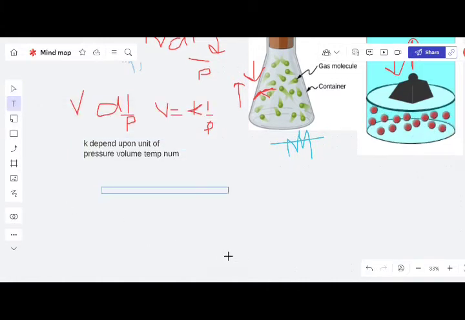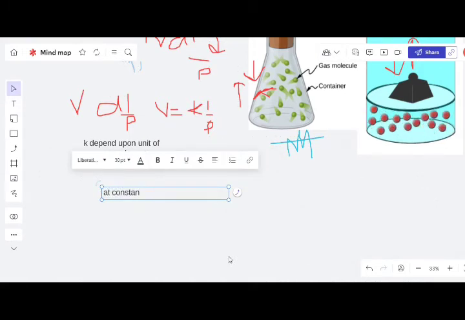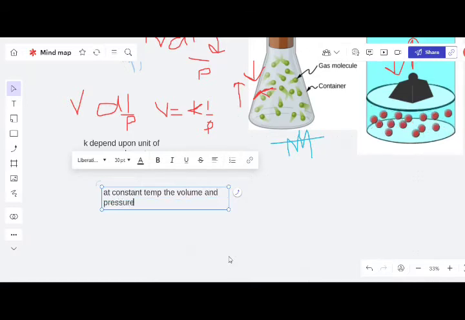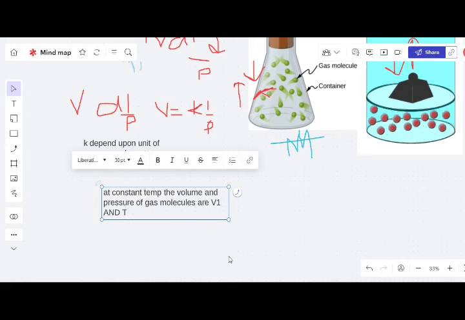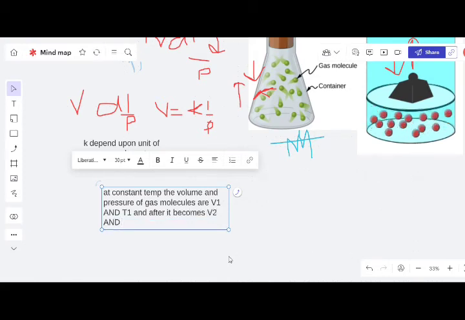If we say that at constant temperature and number of moles, the pressure and volume of a gas are P1 and V1 initially, and after changes, maybe the pressure has changed, they become P2 and V2.